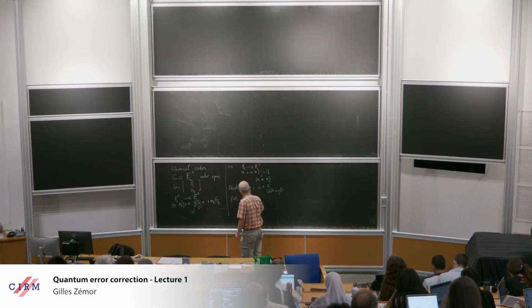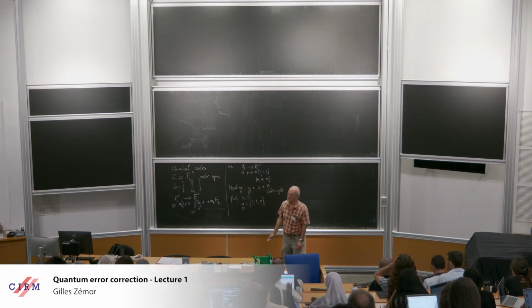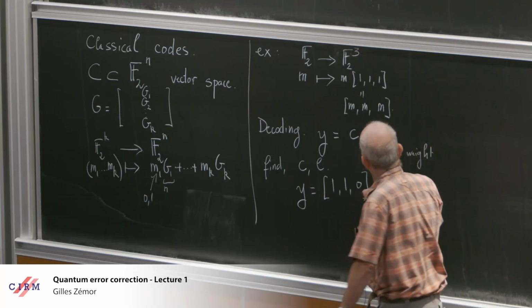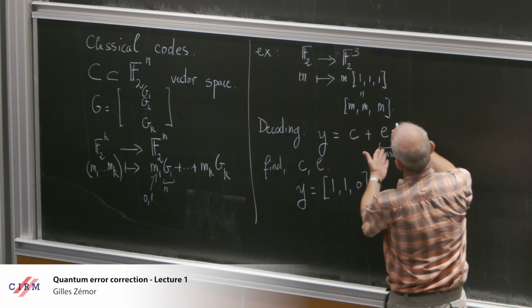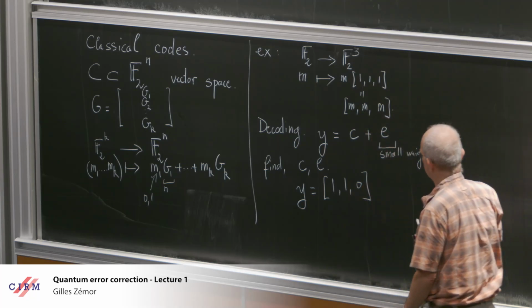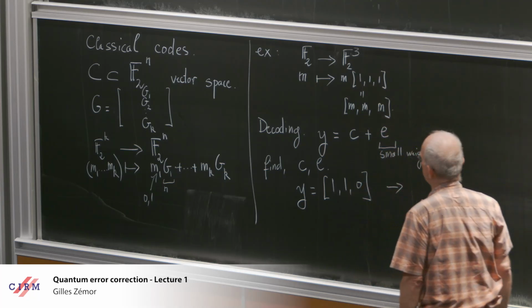So for the repetition code, it's very easy. For example, you receive this, and you have to find the closest code word, the smallest error vector that will get you to a code word.